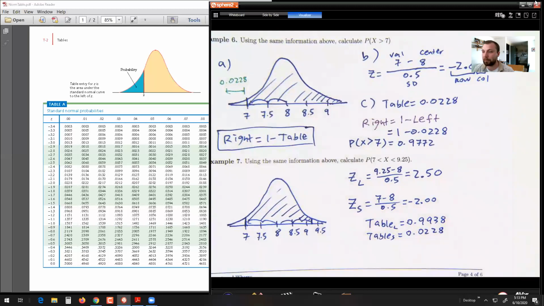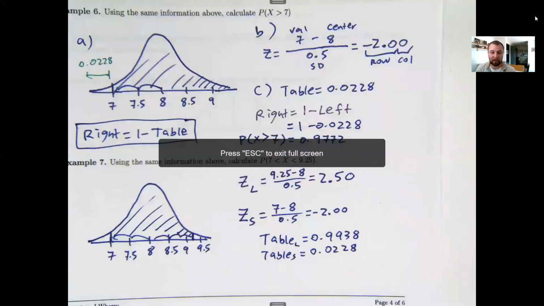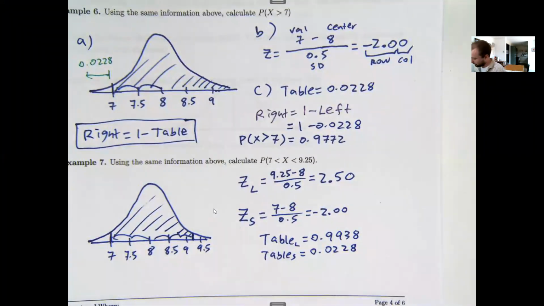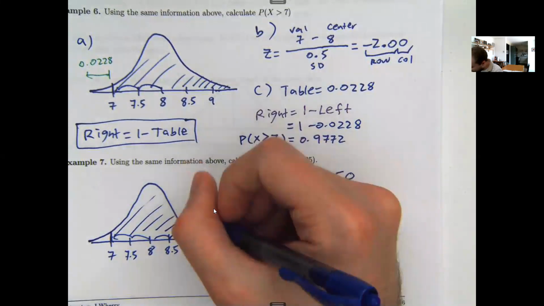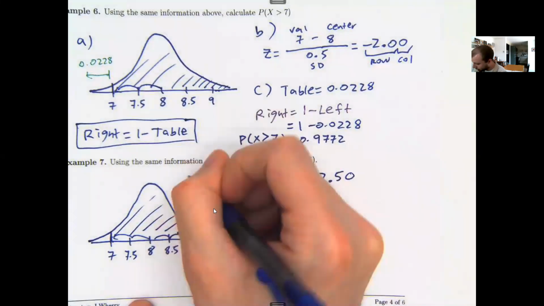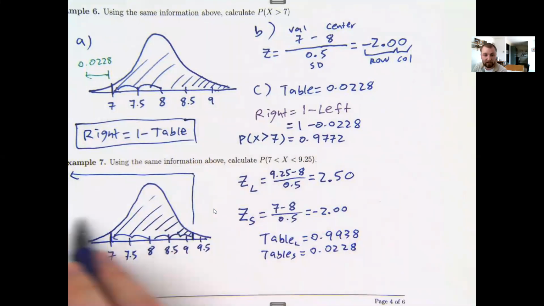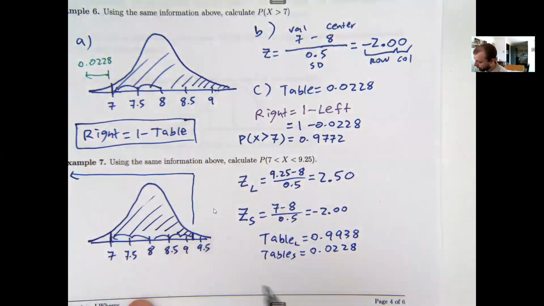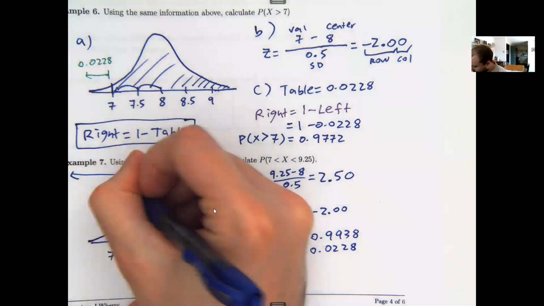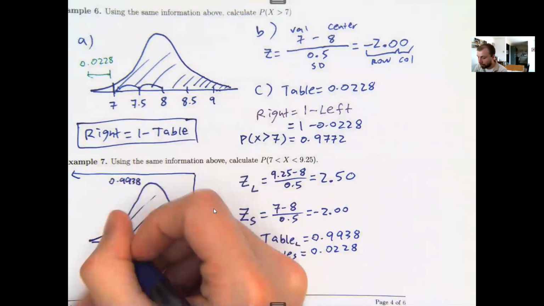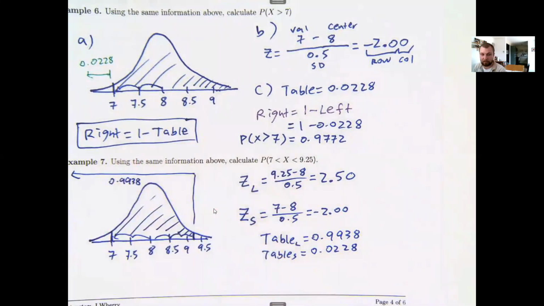Now, for this particular problem, I want the area between these numbers. Well, let me show you what these things represent on my picture. This large z-score is everything from this large value over to the left. This includes the entire area that I want, but unfortunately, it also includes this tail that I do not want shaded in.